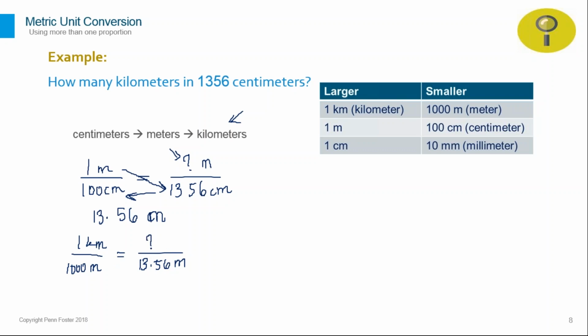And then what is the equivalency in kilometers? Same idea. I'm going to cross multiply and divide. 1 times 13.56, the same number, and then divide over 1,000. Then there are 0.01356 kilometers in 1,356 centimeters.